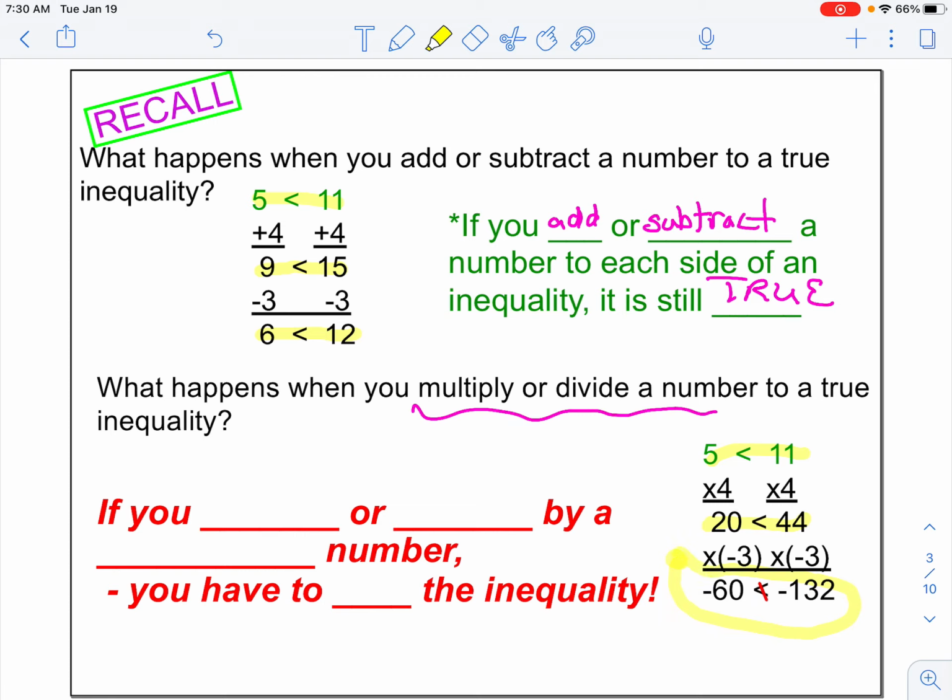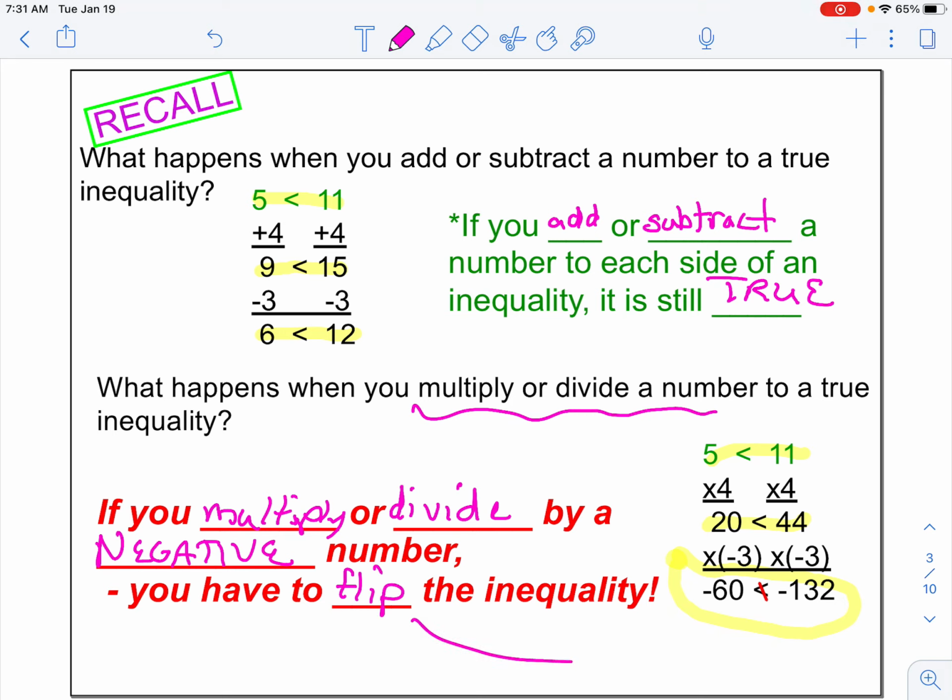Because if we multiply by negative 3, we get negative 60 on one side and negative 132 on the other, and negative 60 is not still less than. So what happens here is if we multiply or divide either one by a negative, positives are okay, but if we multiply or divide by a negative number, we have to flip the inequality to make it true.